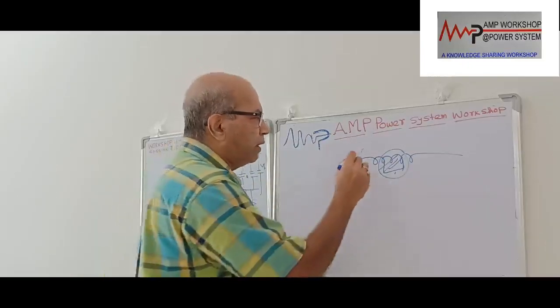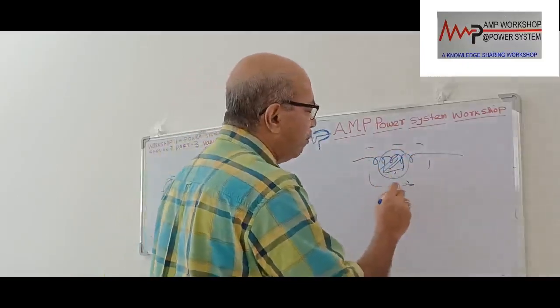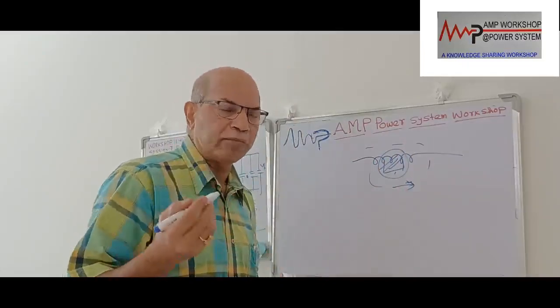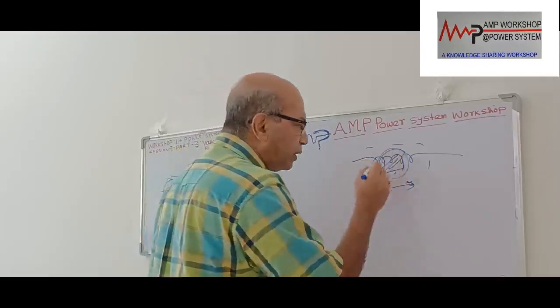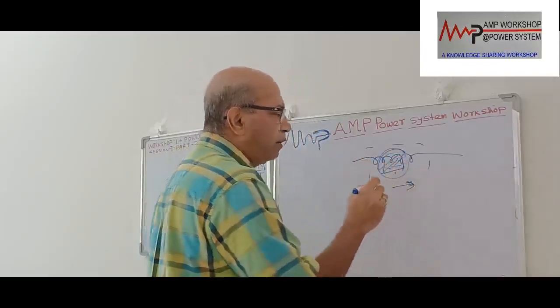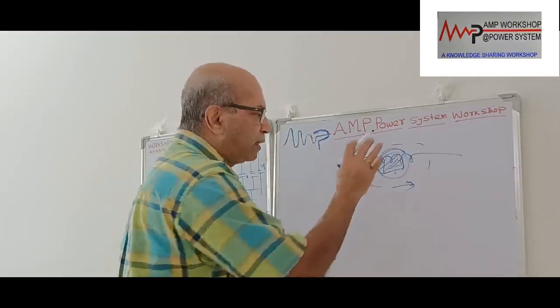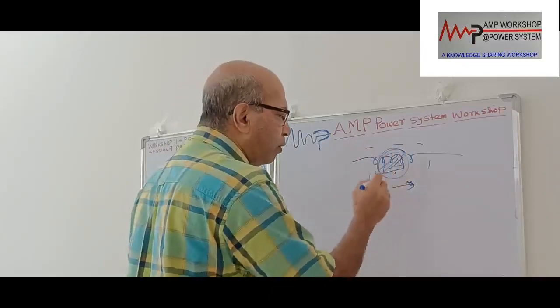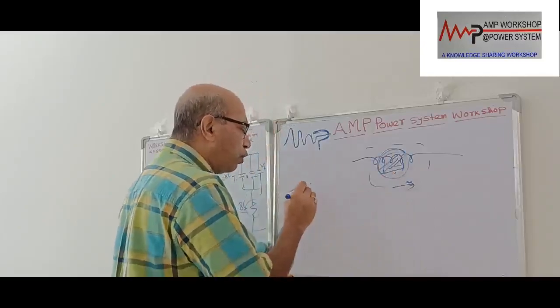Due to over temperature, the mineral oil inside can break down, and when the mineral oil breaks down, it produces various hydrocarbons. Suppose there is insulation; if the insulation is a cellulose material and the cellulose decomposes, then also it will produce gas. In case of hydrocarbon, if the oil gets decomposed, it produces alkanes.